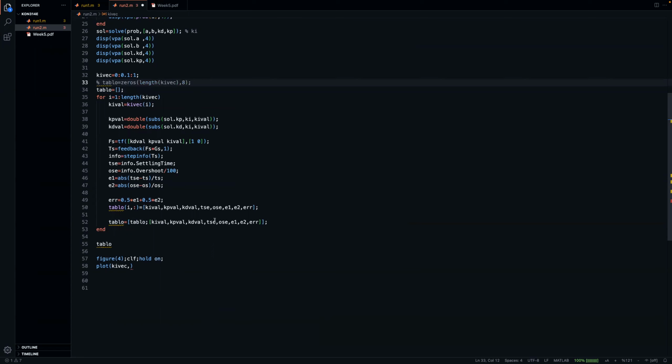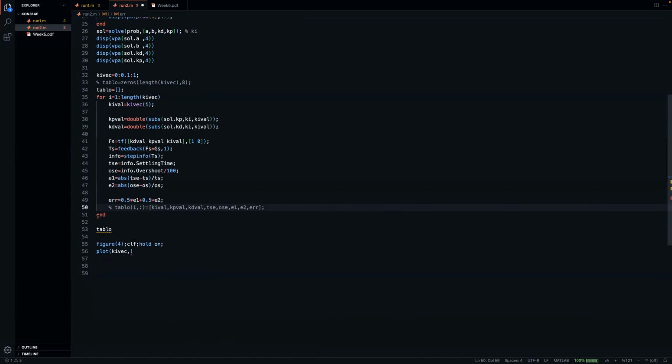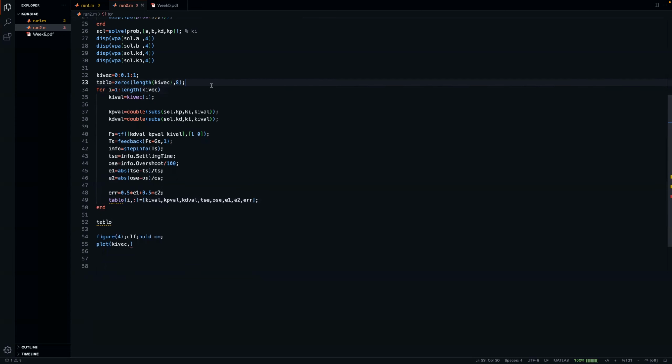So if you skip this, you can just do it like this. But you can see that MATLAB complains here that the variable appears to change size on every loop iteration and pre-allocating would speed up your for loop a little bit. So if you have a good computer and if you're lazy, you might want to go with that. But if you're a little bit like me and want to have optimized code for some reason, even if it's not that important, then you might want to take this route here.